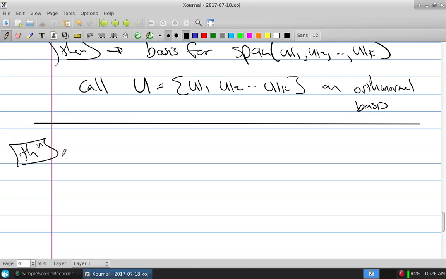Theorem. U equal to U1, U2, up to UK is an orthonormal basis. It's obviously an orthonormal basis of its span, so we don't normally say that.